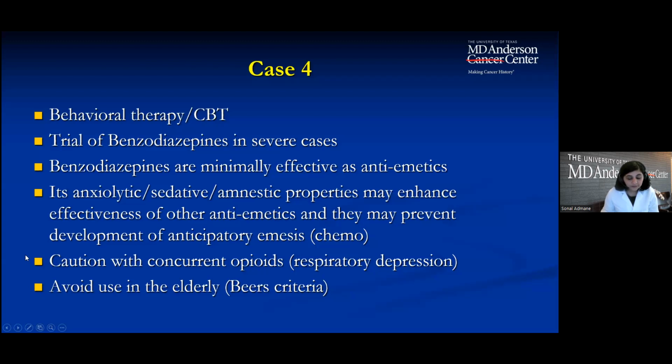If behavioral therapies or CBT don't ameliorate the symptoms, then in severe cases, a trial of benzodiazepines is reasonable. But just remember that benzodiazepines, along with opioids, can cause respiratory depression. They can cause sedation just by themselves and should be avoided in elderly patients and especially those who are on high doses of opioids.